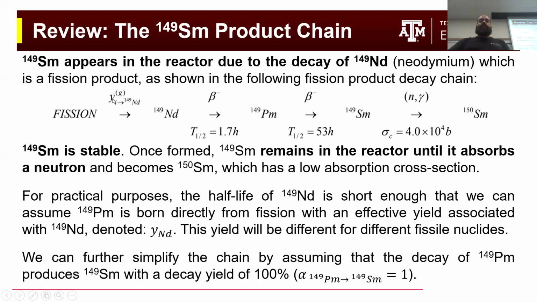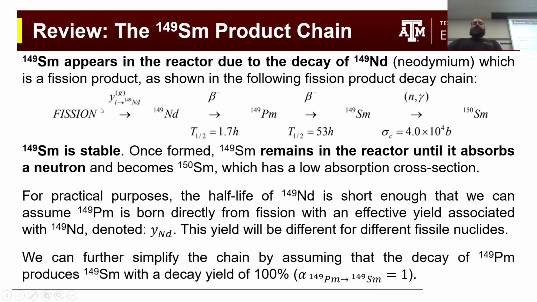And recall that the fission yield, Y_i to 149 neodymium for a group g, is basically saying, if I have a neutron in group g that causes a fission, what fraction of those fissions of that type i nuclide produces neodymium 149?